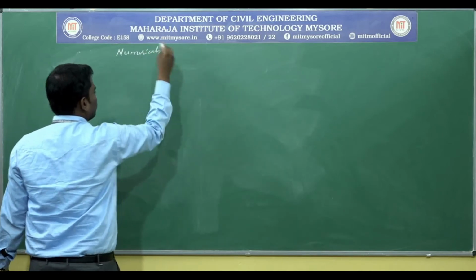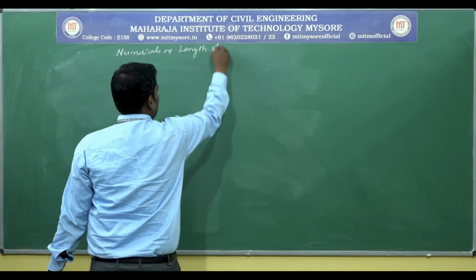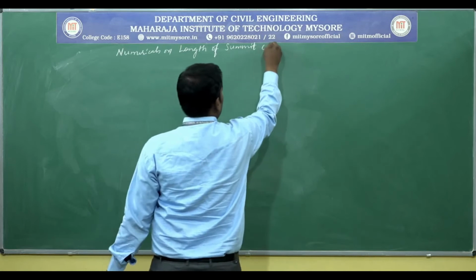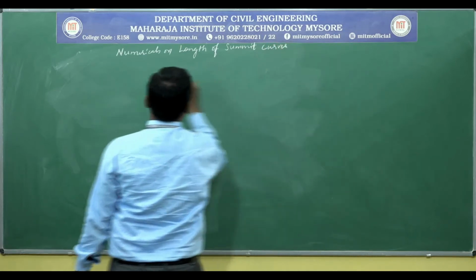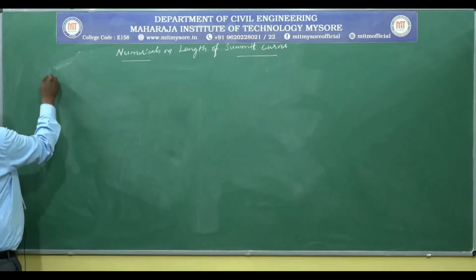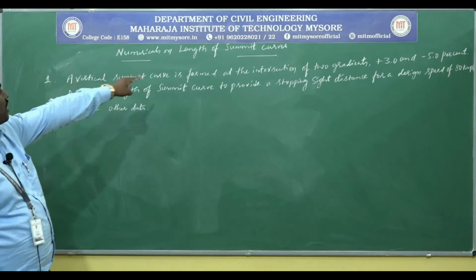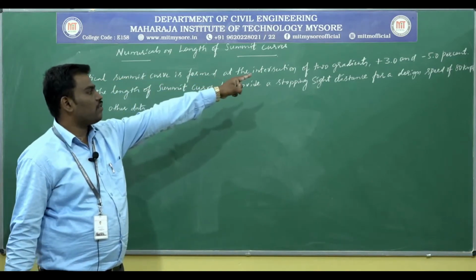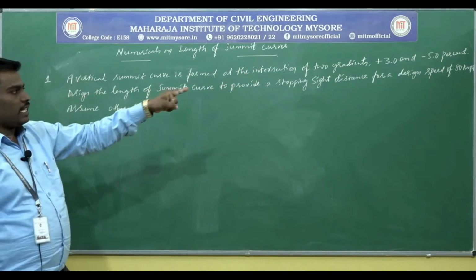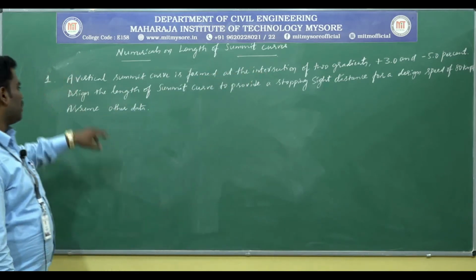Numericals on length of summit curves. First problem: a vertical summit curve is formed at the intersection of two gradients, plus 3 and minus 5%, that is, an ascending gradient of 3% and a descending gradient of minus 5%.